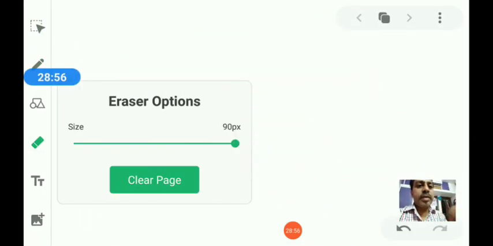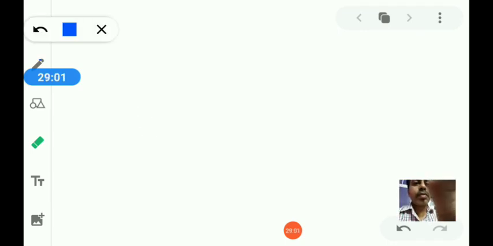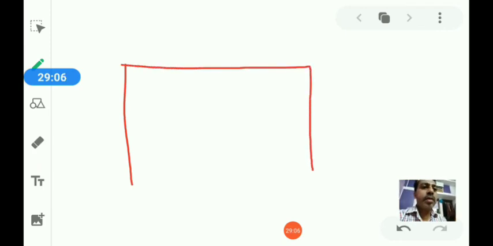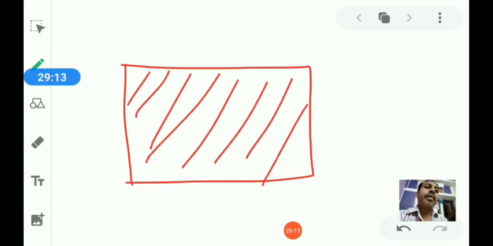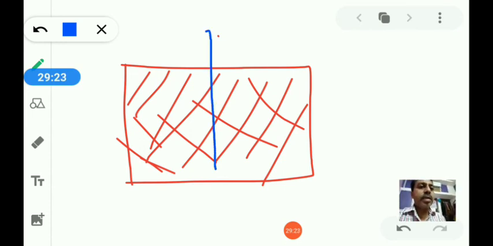What happens in segmental pattern? Suppose this is our flask, and it is filled up with the sand. Then this is our central spindle, and it is attached with the segment.